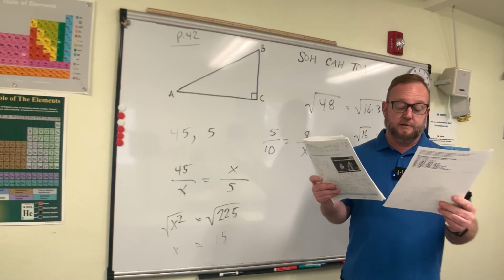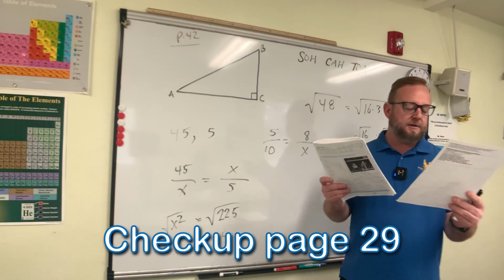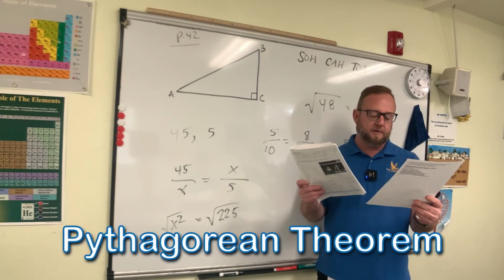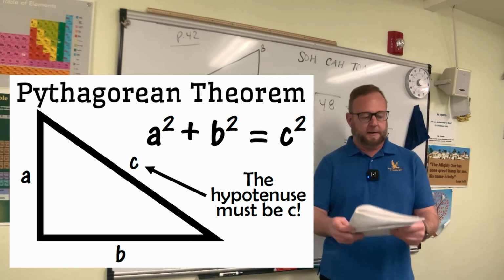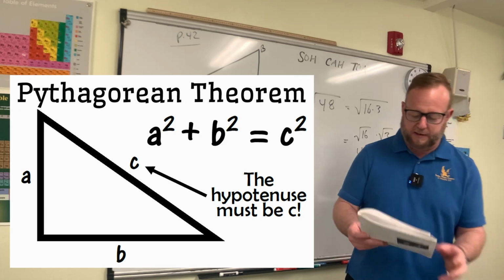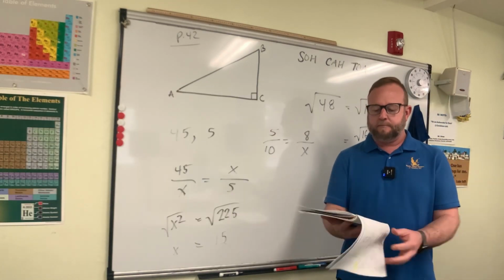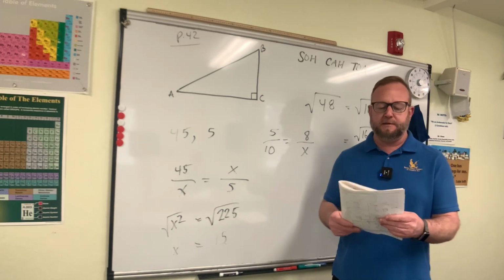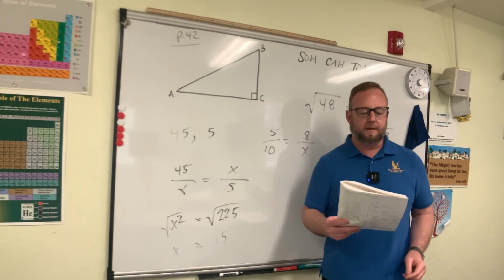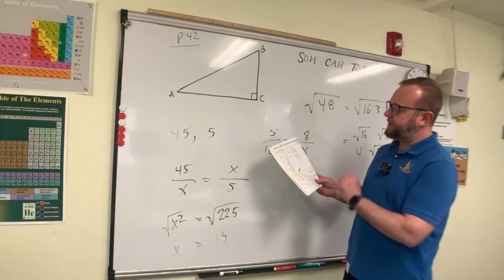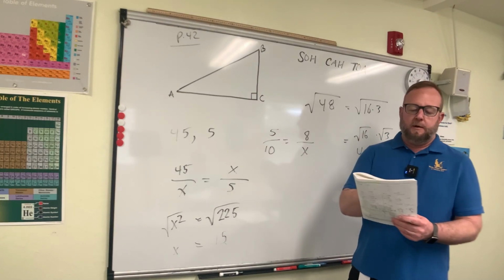We're turning now to page 29, the checkup on 29. Use the Pythagorean theorem to find unknown lengths of sides of right triangles. So let's flip to page 29 and 30. That's where we're headed next. That's the next checkup. And you'll see that's the first section here at the top of the page.